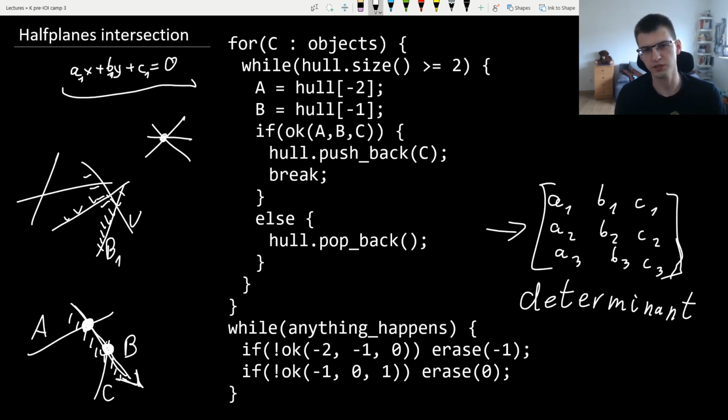But yeah, if you figure out some other method, like say for 3 lines A, B, and C, compute the intersection of A and B, and then check if it's on the right from vector C, this is also fine. And you will get slightly different formulas, but if you rearrange the elements in those formulas, you will get the same thing. All the methods will actually check the same thing.